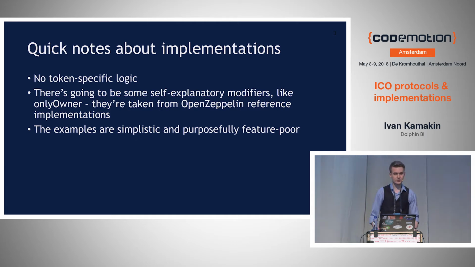I'll have some basic contracts that our contract of interest inherits from, like Ownable or Pausable. These are reference implementations from OpenZeppelin, which is a famous organization that creates reference implementations in Solidity code. The examples from them are going to be pretty self-explanatory, so they're easy to understand.